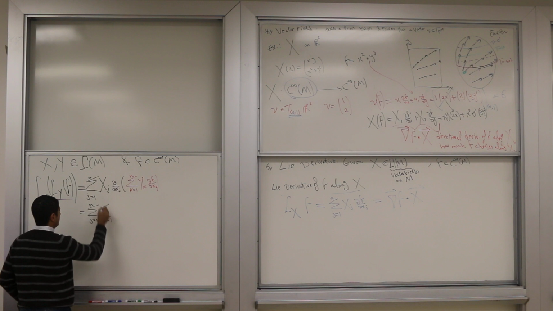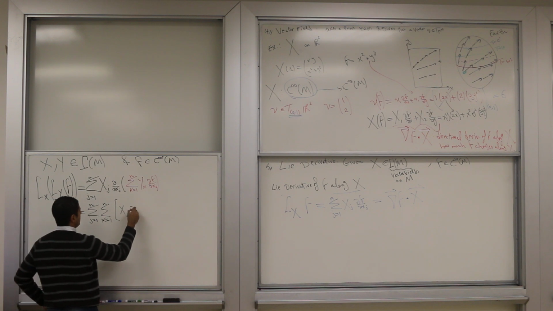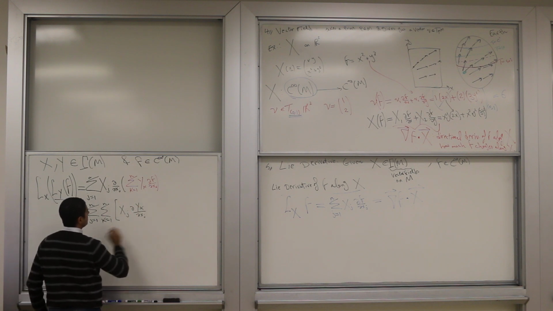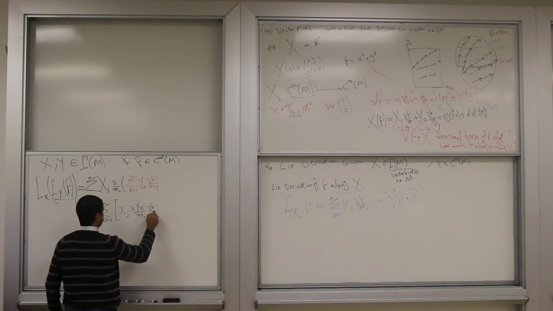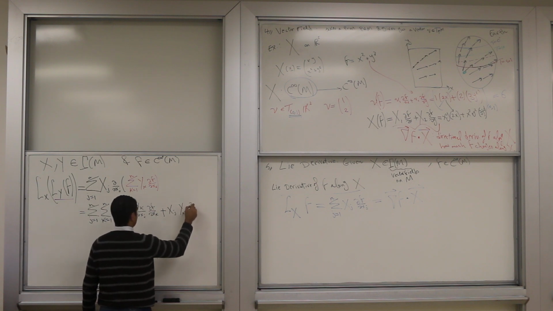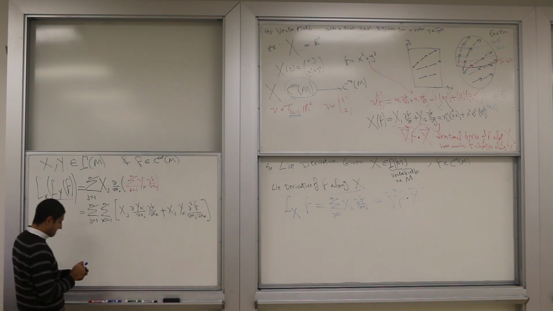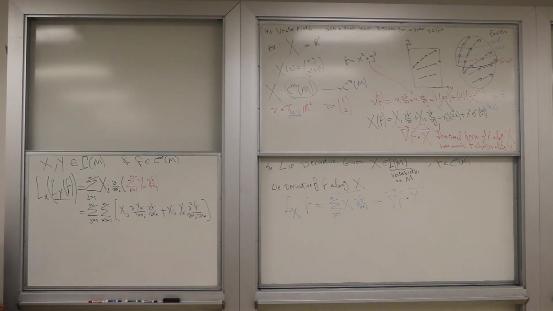Summation k equals 1 to n of xj, this guy carries over y, so partial yk, partial little xj, partial f, partial xk, plus the other way around, which is xj, yk, partial square f, partial xj, partial xk. Okay?